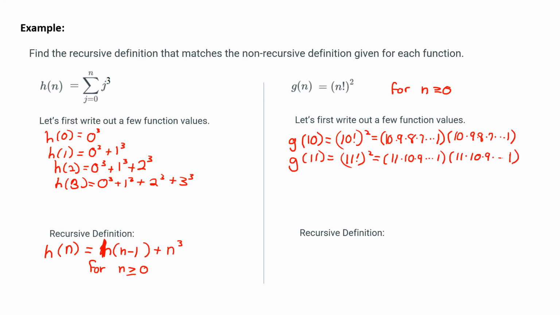So let's think, how would we have gotten g of 11 if all we had to go by was g of 10? Well, the only thing that's missing from one to the other is this 11 here. And notice the 11 matches our n here.